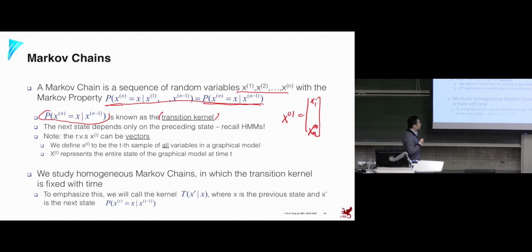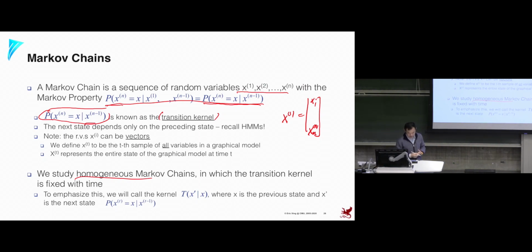Let's also make another convenient assumption, called the homogeneous MC property, meaning that every time, the formula of this conditional distribution doesn't change. Of course, the actual number changes because you plug in different examples, but the form isn't changing.